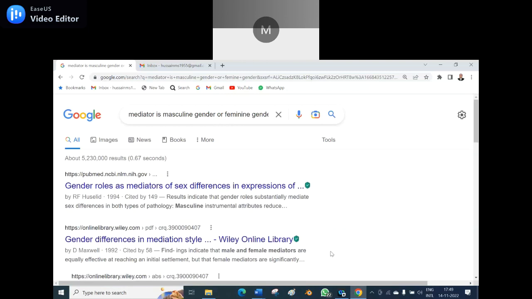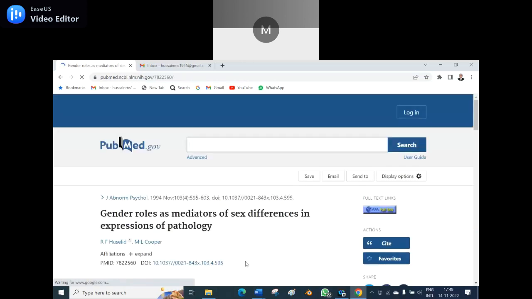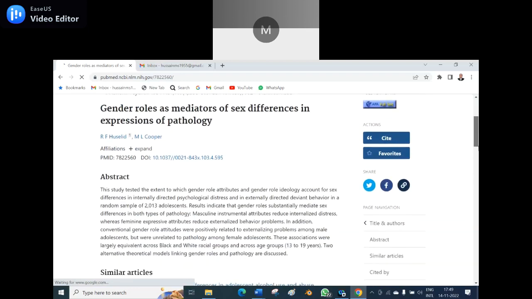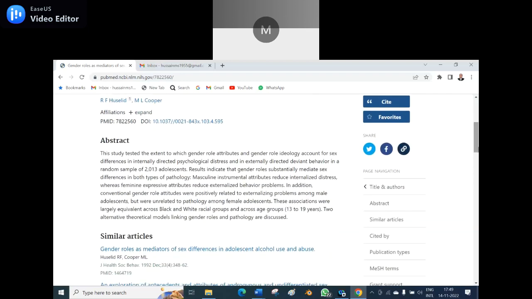Now, if you want to say male mediator or female mediator, can we say like that? Can you say like that? Answer is yes.